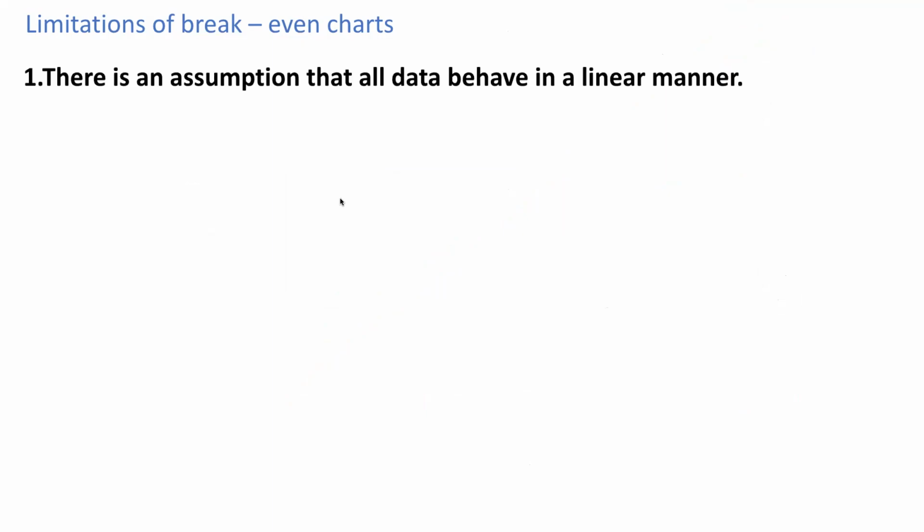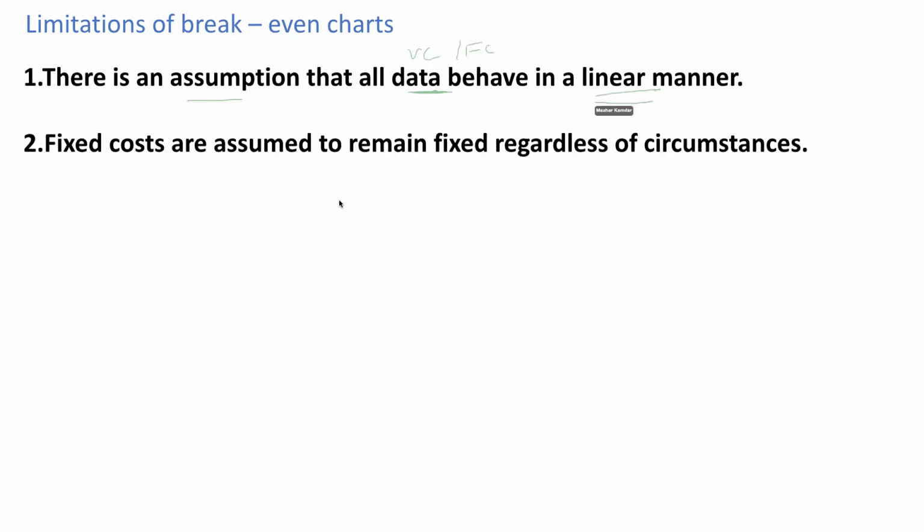When I prepare a break-even chart, I make an assumption that all the data that I have, data about variable cost and fixed cost, behave similarly. The second assumption that I make is that fixed cost remains fixed regardless of any circumstances, meaning under no circumstances could my fixed cost increase.